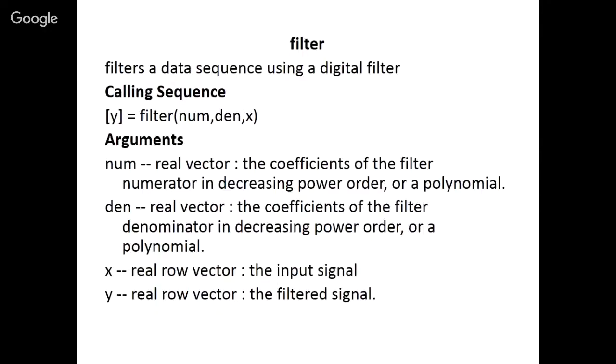After that, the output is designated as y, your filtered signal. The numerator can be a real vector, and the denominator can also be a vector. The numerator holds the coefficients of the filter numerator in decreasing power order, and the denominator likewise holds the coefficients of the filter denominator in decreasing order.